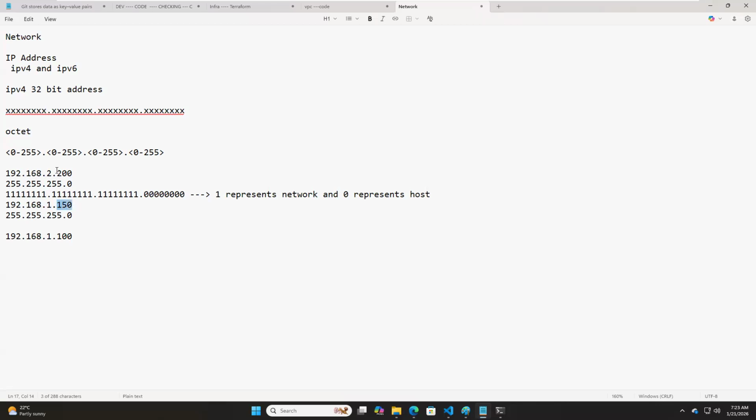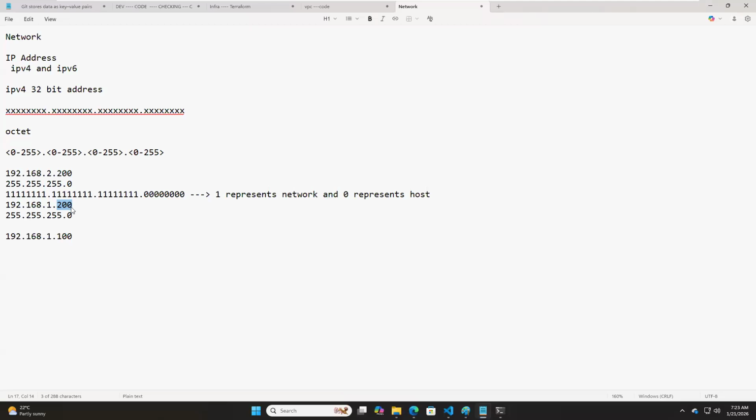And here you can see the host numbers are common, like I will go with 200 also, no problem. Why? Because there is a student in the AWS class who has the roll number 200, and there is a student in the Python class who has the roll number 200. That doesn't matter, right?